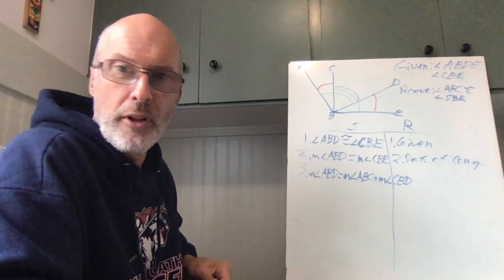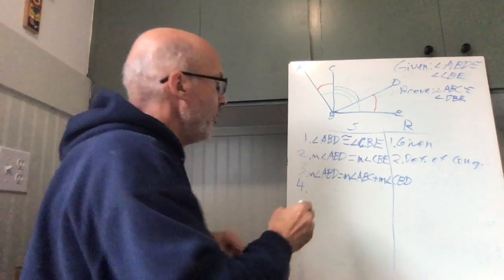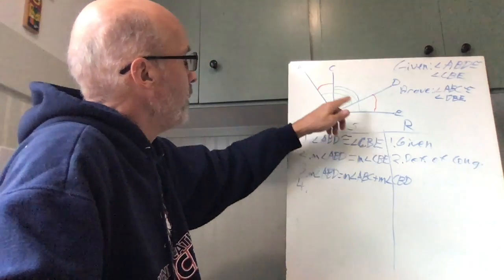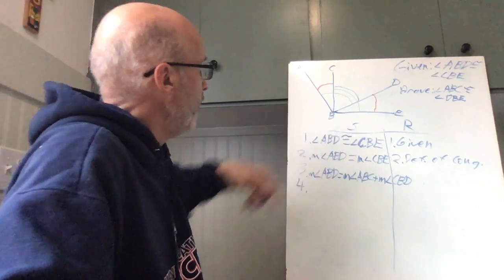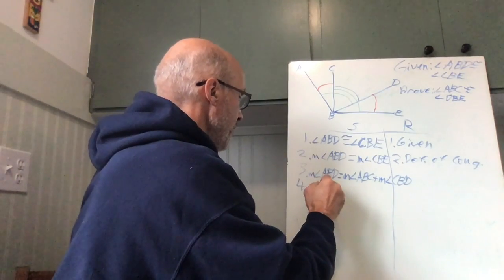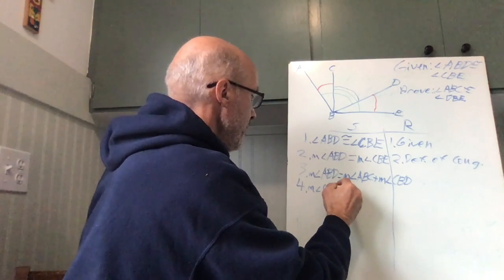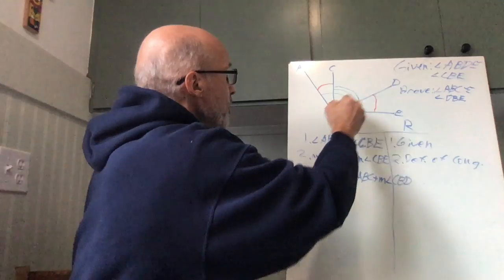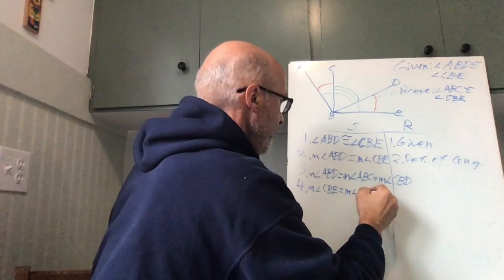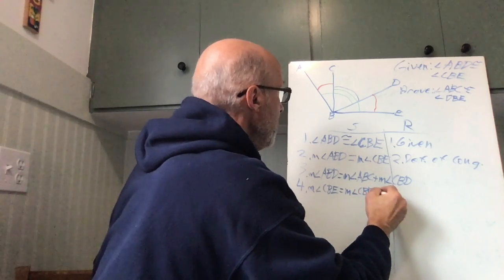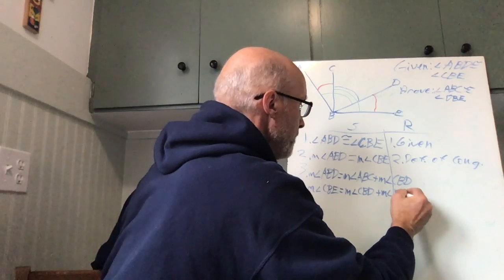I slopped over a little bit. And let me do the same thing with the other angle, and it's going to be the same reason, so that's why I'm going to do it now. So the bigger angle here, or the other angle, the measure of angle CBE equals the measure of this one, measure of angle CBD plus the measure of angle DBE.